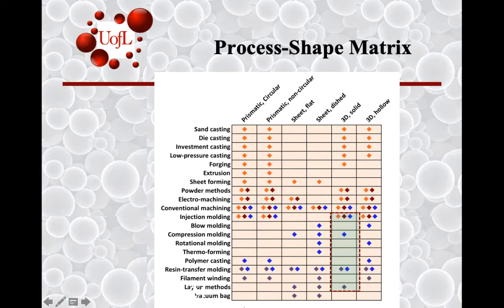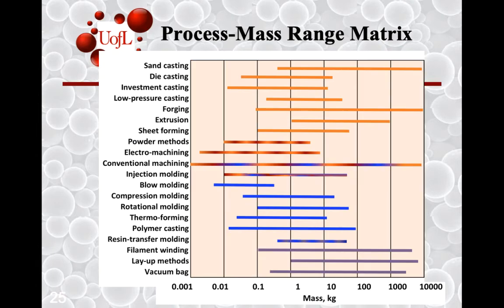And resin transfer molding, right? So these are some things that stand out. In terms of size capabilities, again, as it turns out, injection molding works great. And some of these other things, are you familiar with what rotational molding is? Something to look into. If not, then you can explore that in the process universe in terms of details.